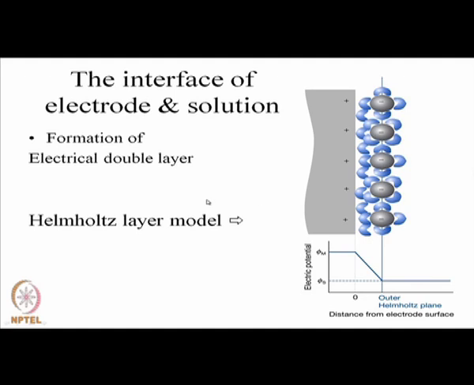Now let us look at the interface of electrode and solution. Always remember that the interface is the region of interest in many cases, because the interface is the region of inhomogeneity. Suppose you have a solution of a surfactant dissolved in water, and the concentration is less than its critical micelle concentration, so you may not expect any micelle in that solution.